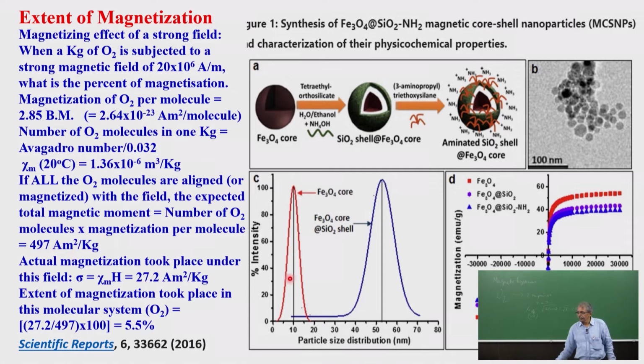But if you look at the actual measured magnetization under this field, that has given 27.2. So, 27 over 497 into 100 is around 5.5. That means only 5.5% of the molecules have listened to the magnetic force that you put.